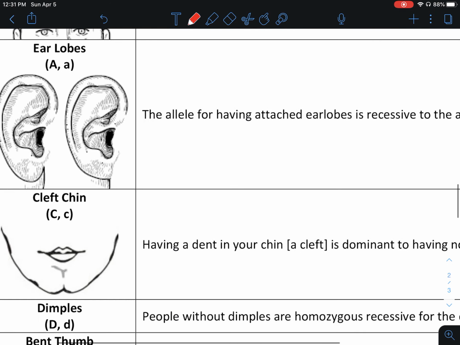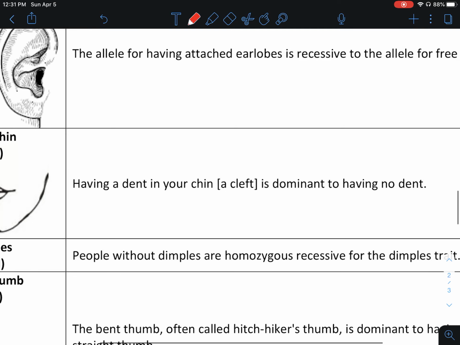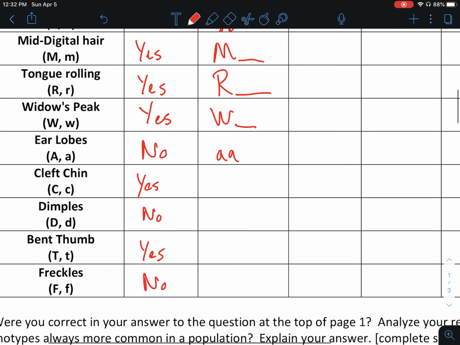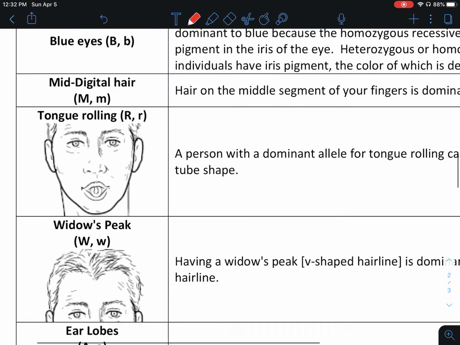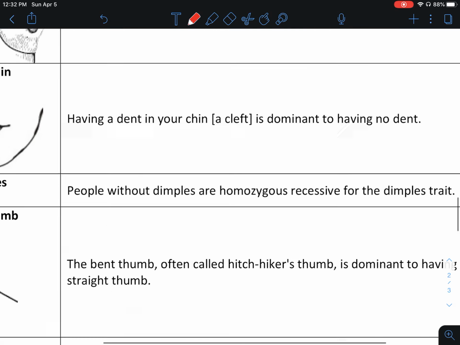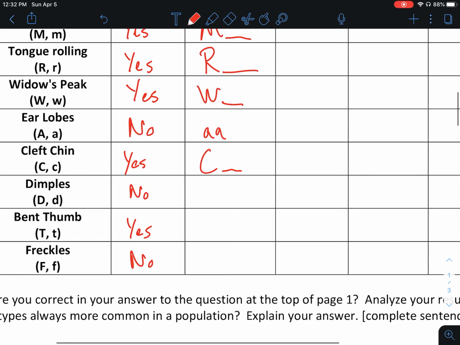Cleft chin: I do have a dent in my chin, and that's dominant to no dent, so I have capital C, but I don't know what the second allele is. No dimples for me. People without dimples are homozygous recessive, so I have lowercase d.